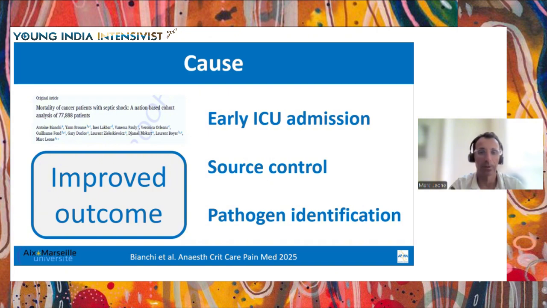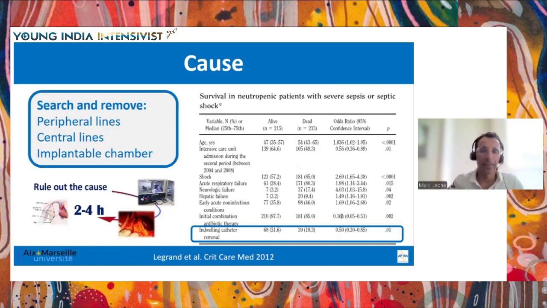That's very important. In terms of source control, we intensivists tend all the time to focus on surgeons and say, oh, the surgeon should manage this patient quickly, should be faster. But let's look at our own patients, and one important thing is to search for and remove all peripheral lines in patients with sepsis, all central lines, or implantable chambers.